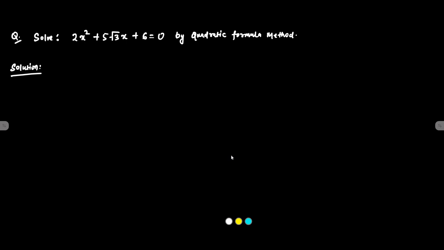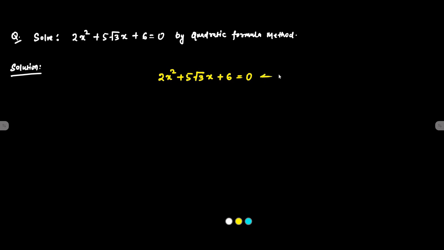So here is another question on solving quadratic equations through quadratic formula method. Here the quadratic equation is 2x square plus 5 root 3x plus 6 is equal to 0. First we'll write the quadratic equation, 2x square plus 5 root 3x plus 6 is equal to 0.